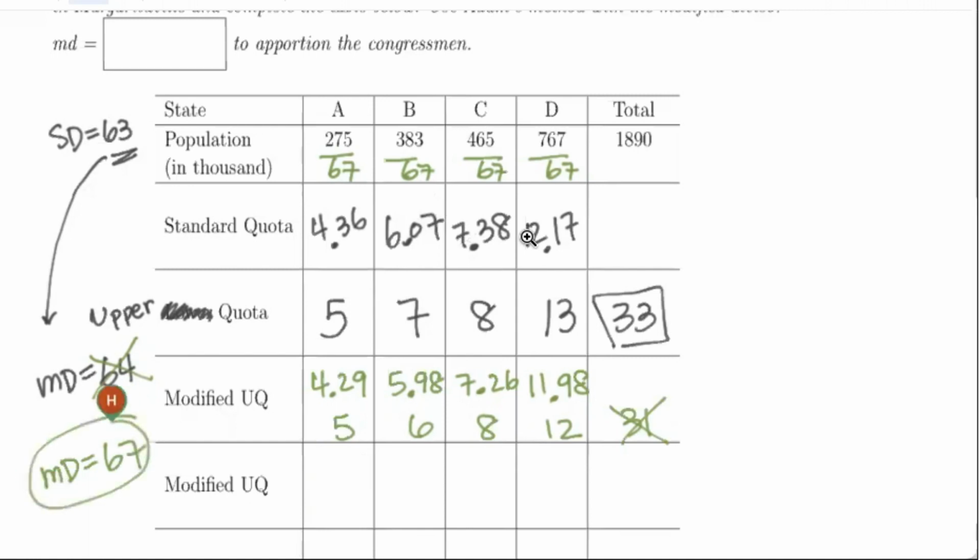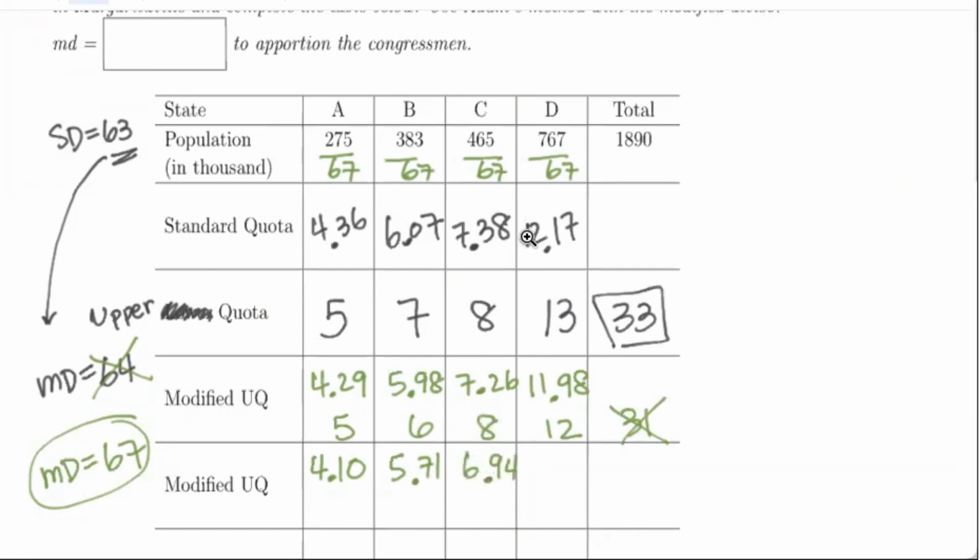So 275 over 67. I need the modified quota. Anyone? 4.10. 383 over 67 is 5.71. And 465 over 67 is 6.94.